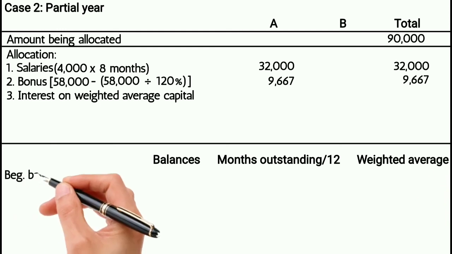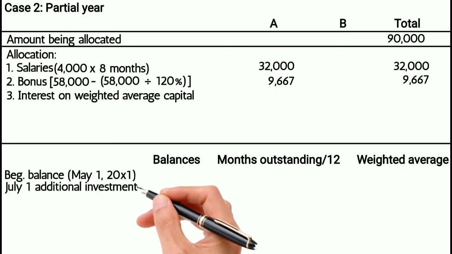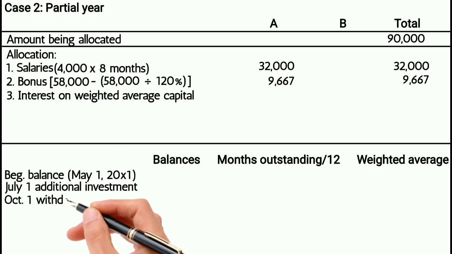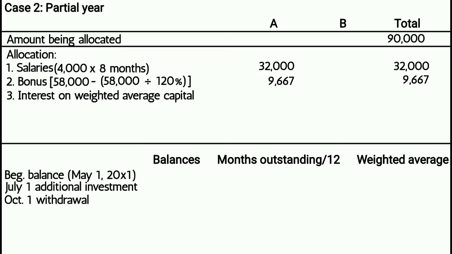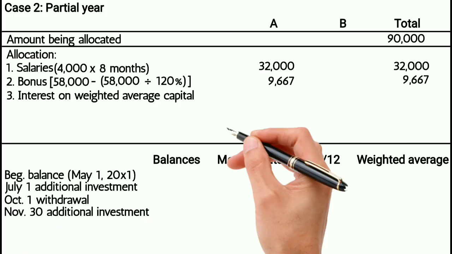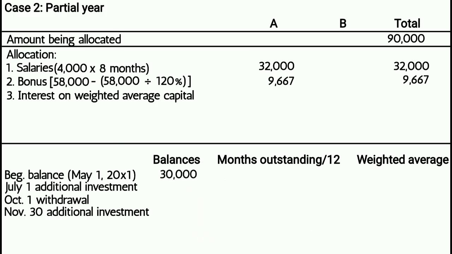Of course, there is a beginning balance on May 1, 20x1. There is an additional investment on July 1. There is a withdrawal on October 1. And there is an additional investment on November 30. Ang beginning balance ay 30,000 pesos.